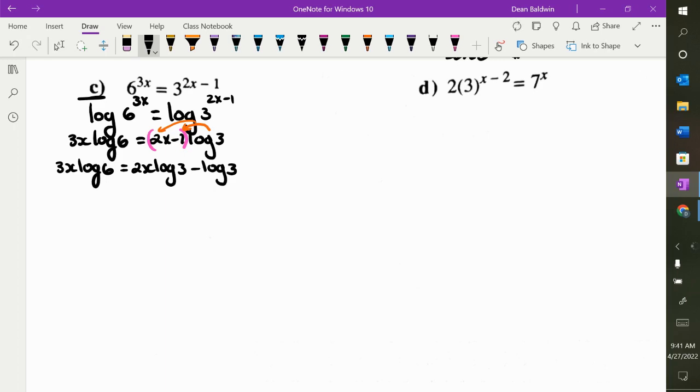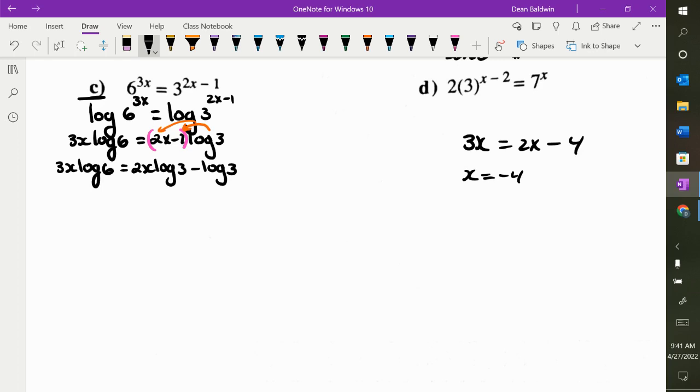It is this type of problem. If I wrote 3x is equal to 2x minus 4, what would you do to solve that? You would get all the x's on the same side. So I'd move this 2x over and end up with 3x minus 2x, which is x, is equal to negative 4.